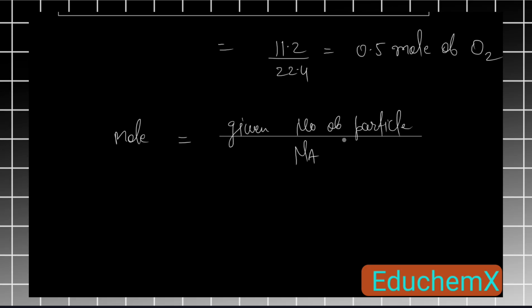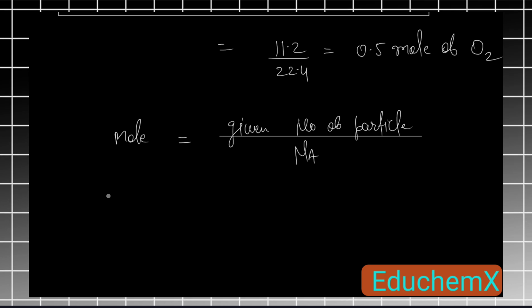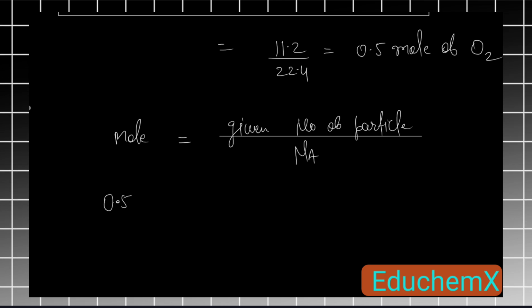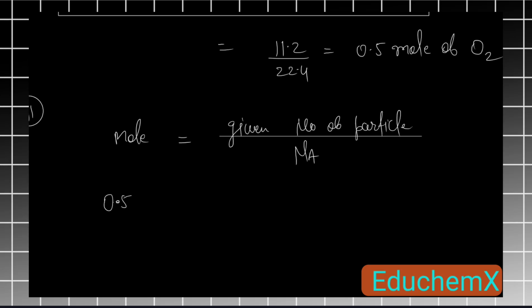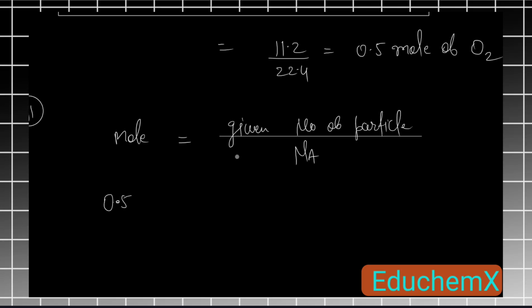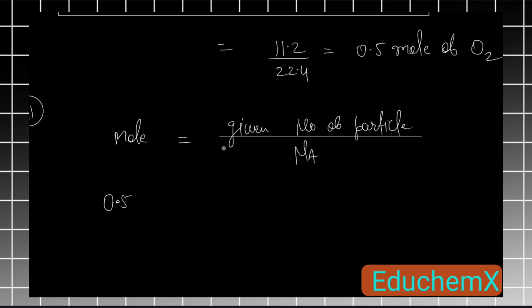So you have to find the number of particles for the oxygen atom. We have been given 0.5 moles. This is another question, I will ask: what is the number of particles of oxygen in the given 0.5 moles?